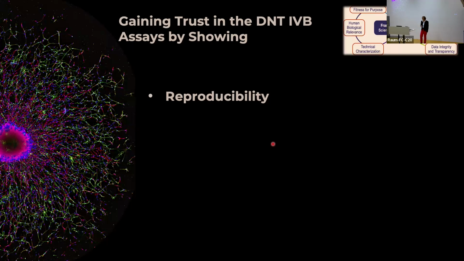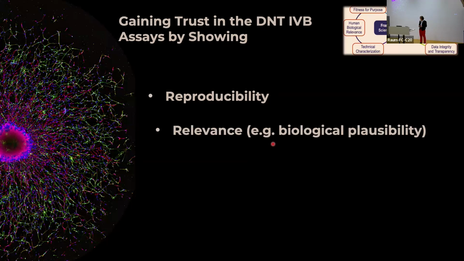Show the reproducibility of the endpoint-specific controls, so get historical control data where you see how stable your test is. I bet this is common sense for test development. Then the relevance for the biological plausibility is important, and the predictivity. How predictive is it, and where are your applicability domains?